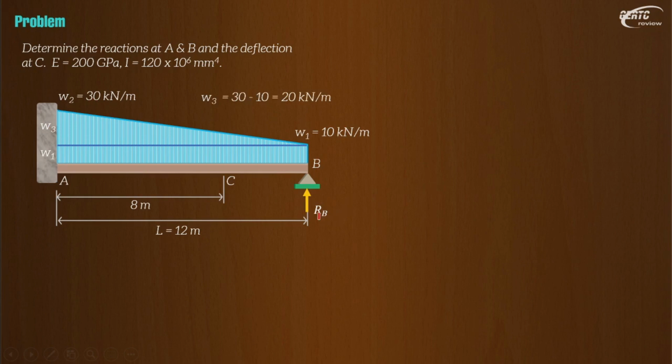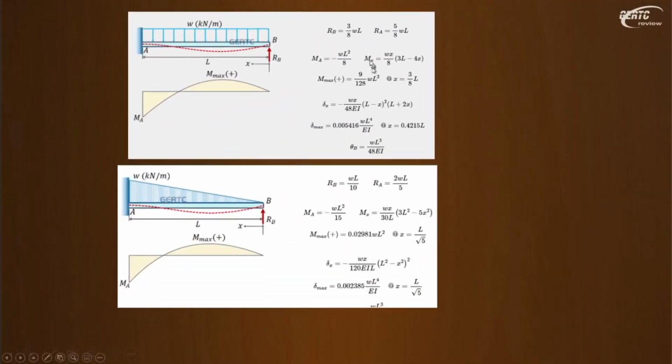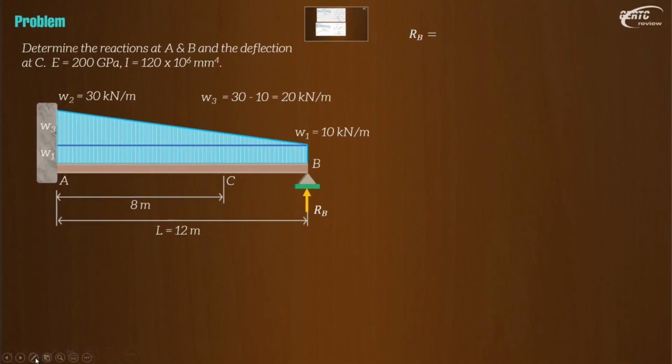So for RB, that will be the reaction due to uniform load. That will be equal to, okay, this one here, the one I have shown you a while ago. That will be 3/8 WL for the uniform load, and for the uniformly varying load is WL over 10. So let's use these formulas.